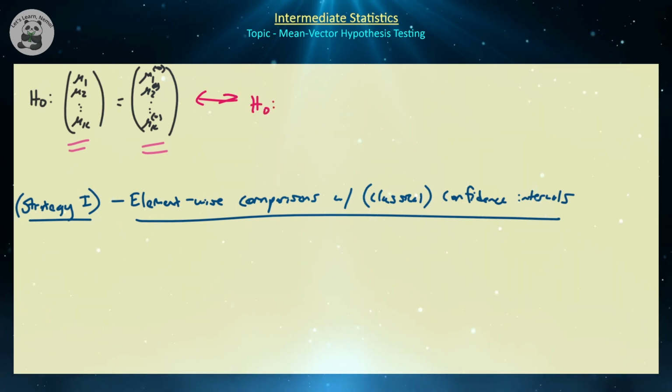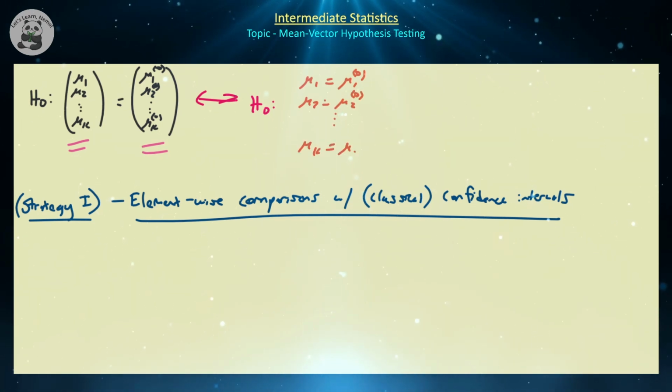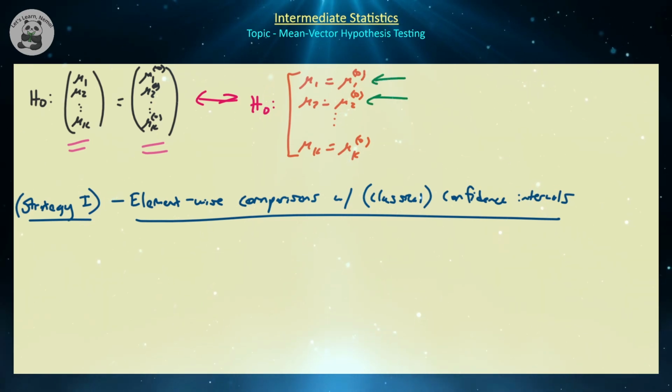So our null hypothesis will now turn into mu1 is equal to mu1 0, mu2 is equal to mu2 0, all the way down to mu k is equal to mu k 0. So instead of one vector, now we have k different hypothesis tests. So we know how to do these one at a time. So that's not a concern, therefore it's a fair strategy because we don't have to learn anything new.